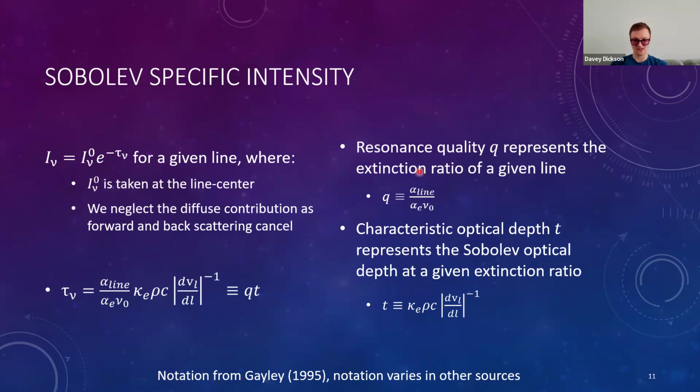So this is the extinction ratio, and this is simply the Sobolev optical depth, exempting all the factors that go into that extinction ratio. This T is defined in a few different ways, but particularly for here, I'm going to talk about this in terms of the speed of light c. You'll sometimes see a V thermal here, which I'll discuss as that comes up.